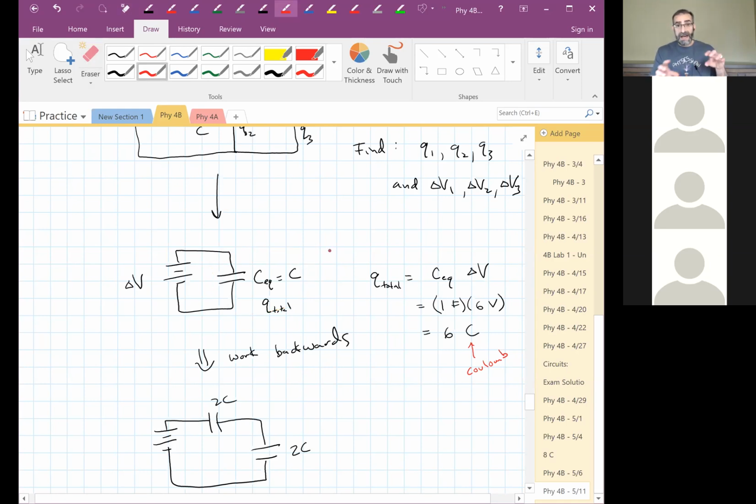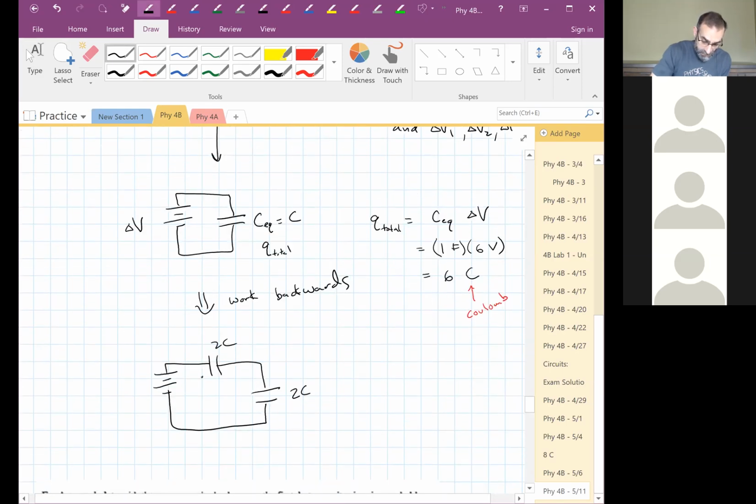That is not really a capacitor. That is really a combination of two capacitors in series. So if the total charge on that system of capacitors is 6 coulombs, what has to be on each of the individual ones in series? 6 coulombs. So we're going to call this Q1 and this Q23.